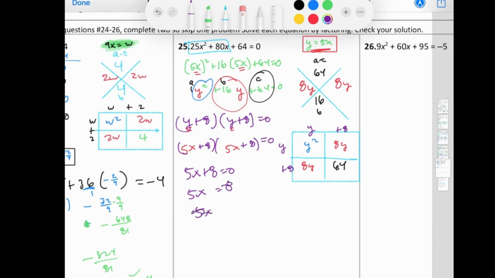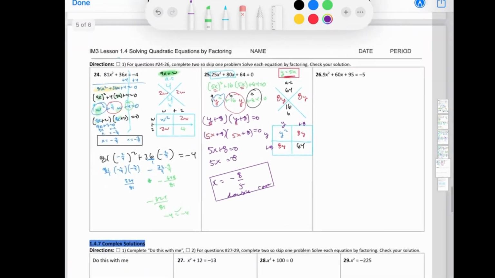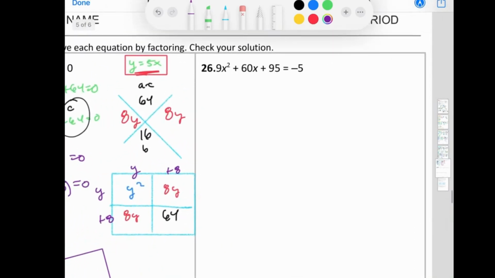And geez, Mr. Hang, 5 just my brain dead. X equals negative 8/5. Double root. All right, 26. Add 5.